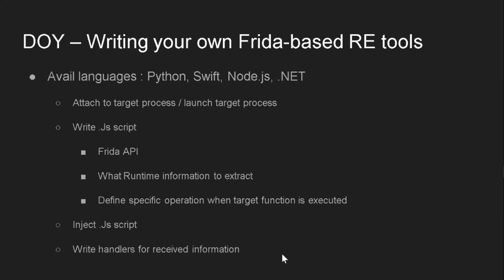Then you write a JS script that defines what kinds of instrumentation operations are done, using the Frida API, the Stalker and the Interceptor, as we saw earlier. After we define that script, we just have to inject it into memory and load it. After Frida provides the information that we need from the instrumentation operation, we just have to decide what to do with it.